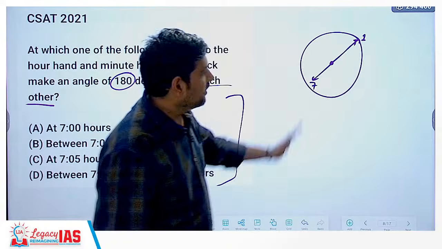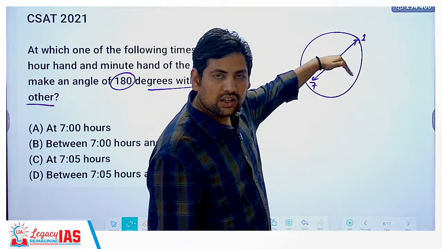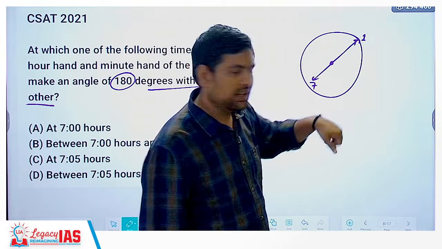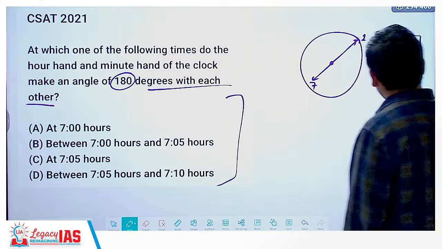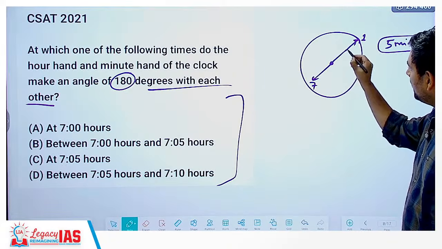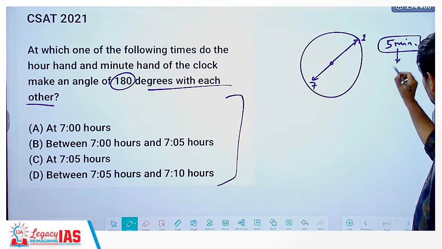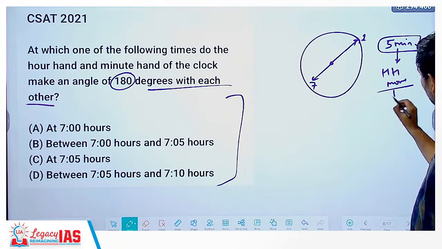Because when the minute hand starts moving, the hour hand is also moving, correct? So in 5 minutes, you have taken that the minute hand has moved this much. That you have taken correctly. But in those 5 minutes, the hour hand will also move. By what degree? Very small degree.